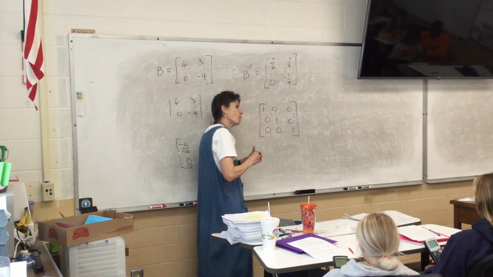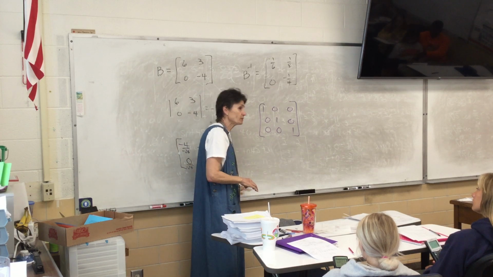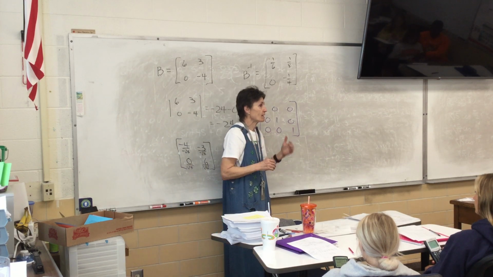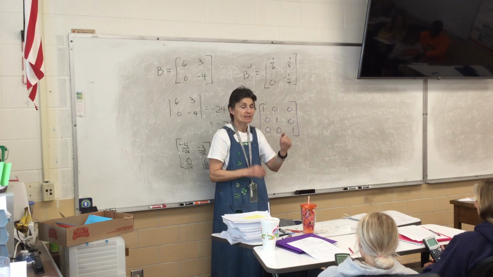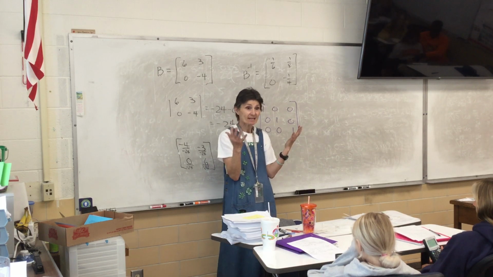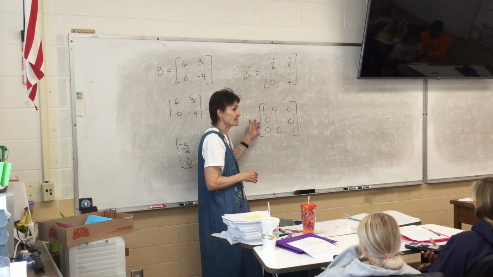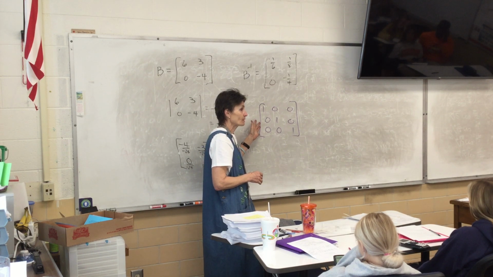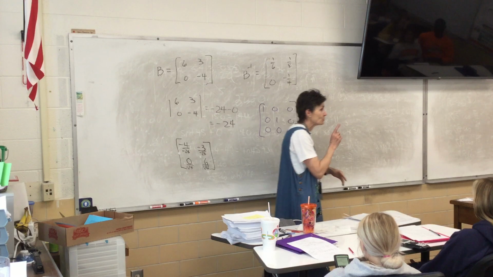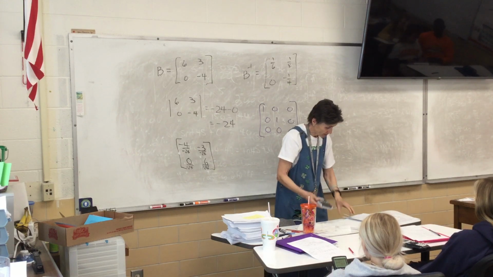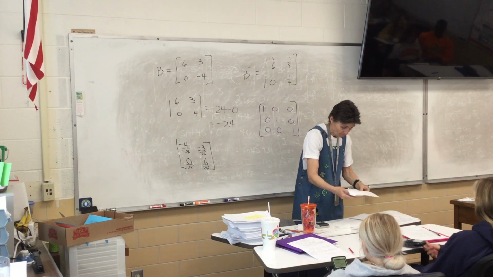So you know how when you multiply inverses with numbers, like when you multiply 5 halves times 2/5, they cancel. Inverse matrices cancel. This is the identity. We're going to do something with that in a minute. But first, let's finish up these problems here.